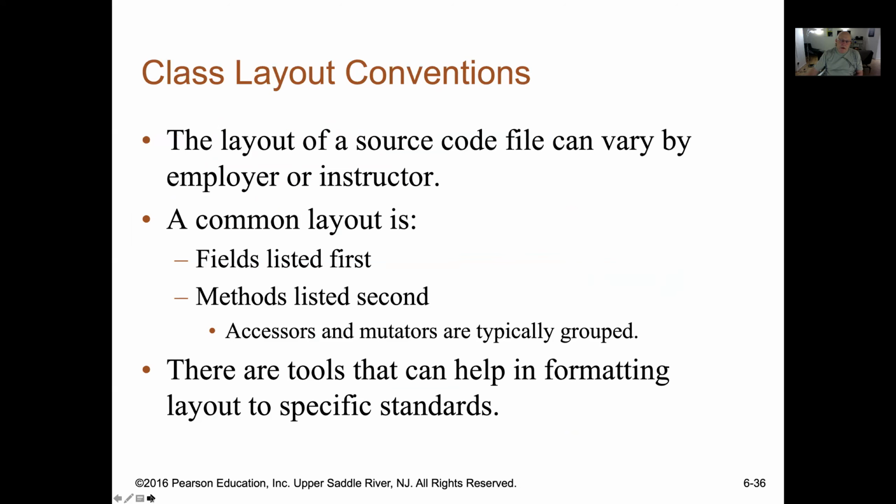So this is an example of class layout conventions. The common layout is fields listed first, methods listed second. Accessors and mutators are typically grouped under the methods. And there are tools that can help in formatting layout to certain standards.